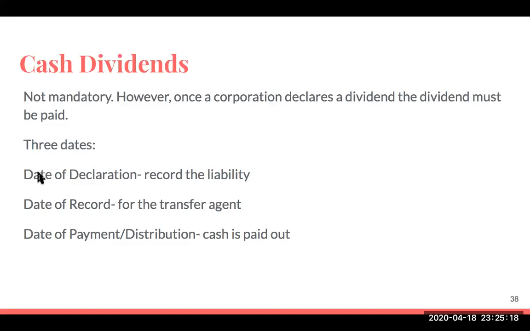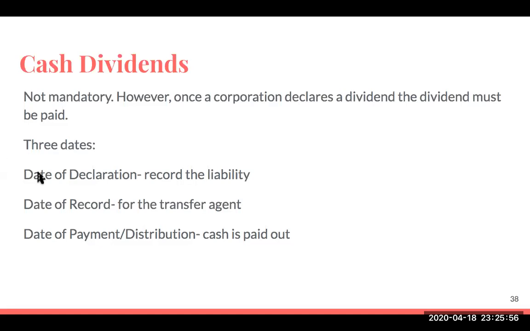This is when we come out to the market and say, if you are a shareholder of record as of a certain date, we are going to be paying you a dividend of $2 per share, or whatever the number might be. The next important date is the date of record, meaning that if you are a shareholder as of a certain date, then you'll be eligible for the dividend. The last one is the date of payment or distribution, and this is when the cash is actually being paid out.